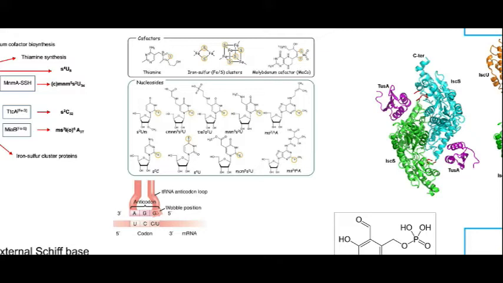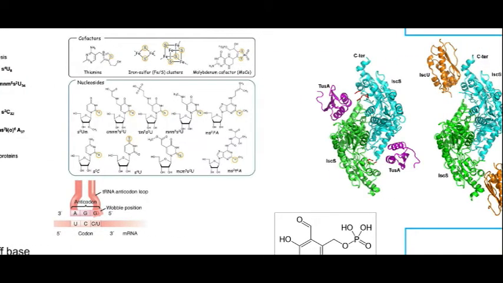And so they put these specifically on these wobble positions here. So the anticodon in the tRNA has these what are called wobble positions in the third position here. And so those don't bind as well. And so in order to sort of differentiate between them, they do these post-transcriptional modifications.